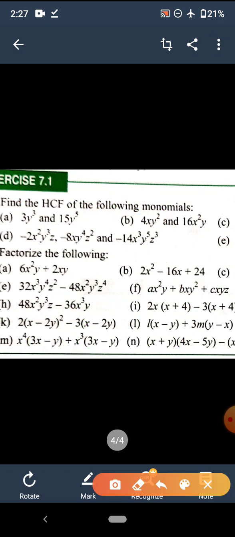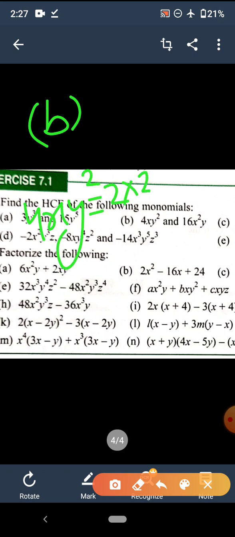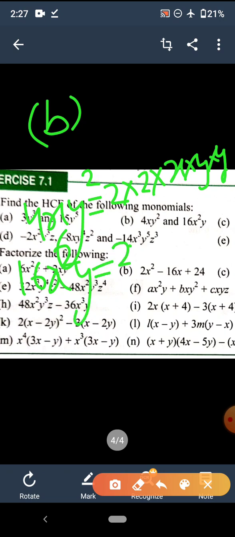So let us start the B part. 4xy square can be written as 2 into 2 into x into y into y. Then 16x square y can be written as 2 into 2 into 2 into 2 into x into x into y. Okay, fine.